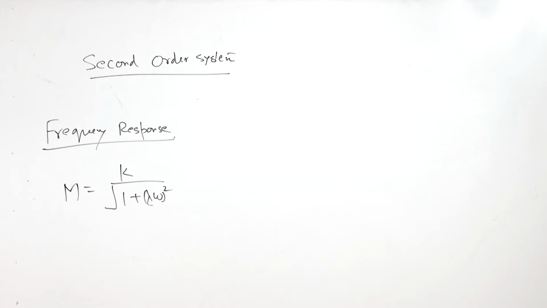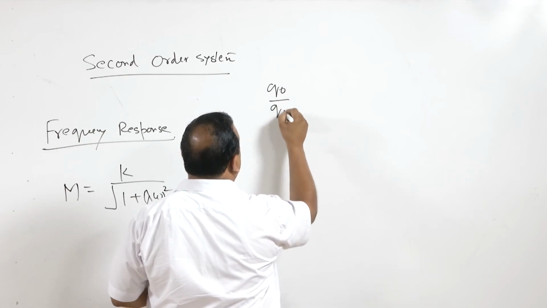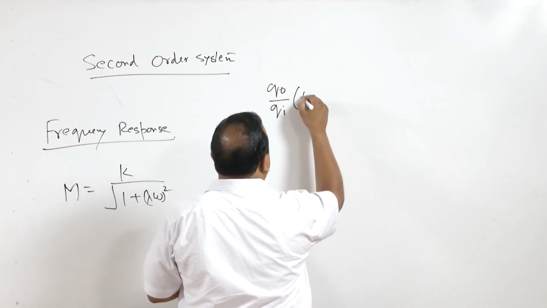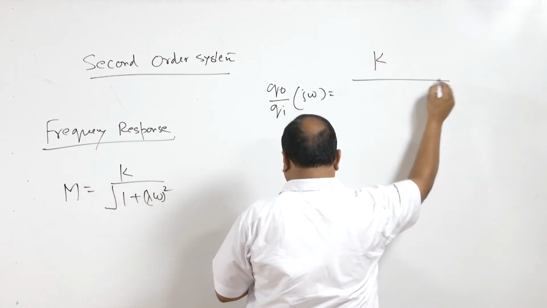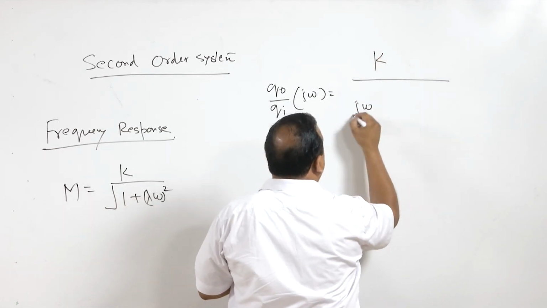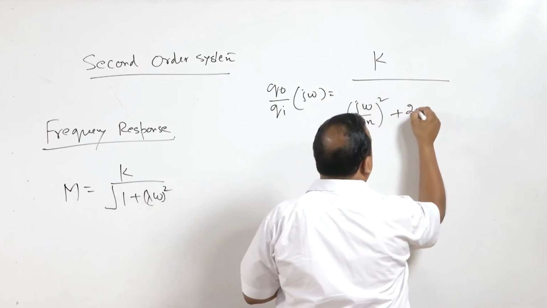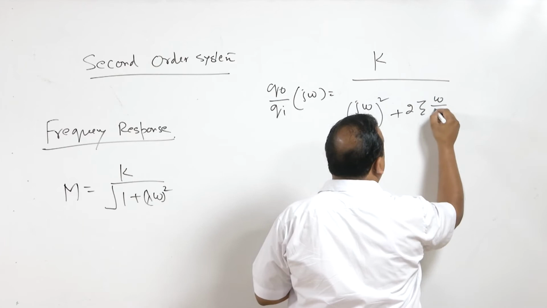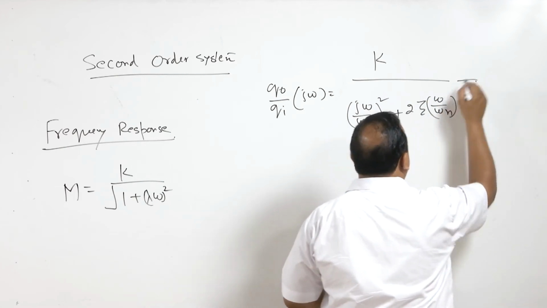Now here, the governing equation is Qo by Qi (i omega) is equal to k by (i omega by omega n) whole square plus 2 zeta (i omega by omega n) plus 1.